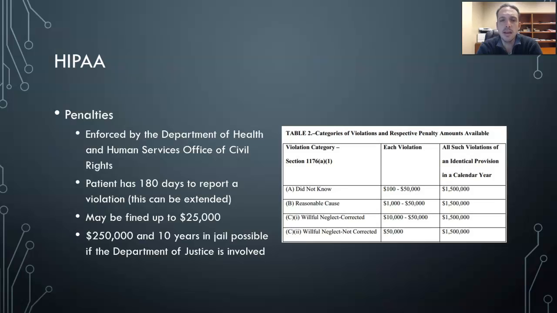So instead, what occurs is if you are caught, the penalties are very stiff. And you can see some of these penalties listed here, and these are per instance. So if you are not following HIPAA guidelines, it gets very expensive very quickly.